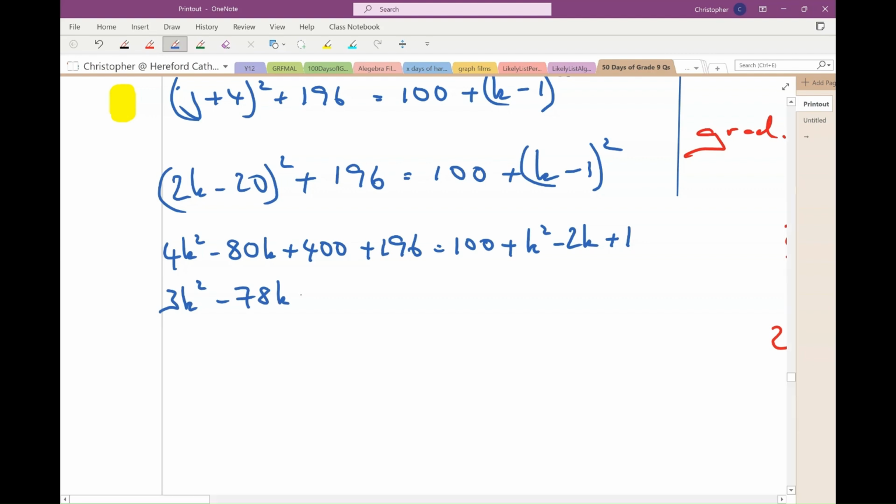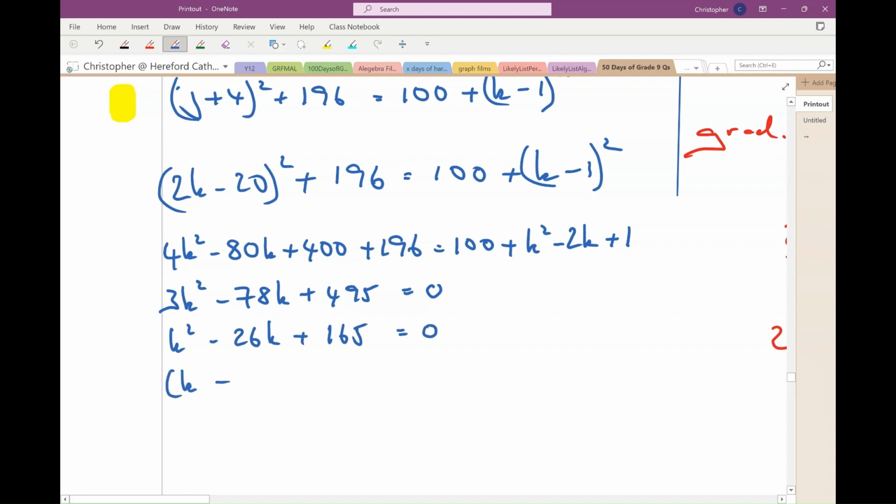Gives me 495. And that equals 0. I bet I can divide everything by 3. k squared minus 78 divided by 3, 26k, plus 495 divided by 3, 165, equals 0.